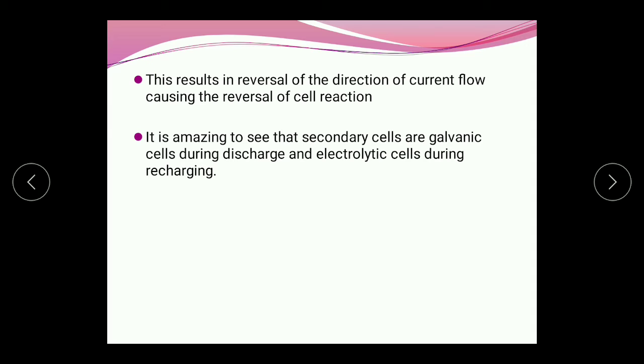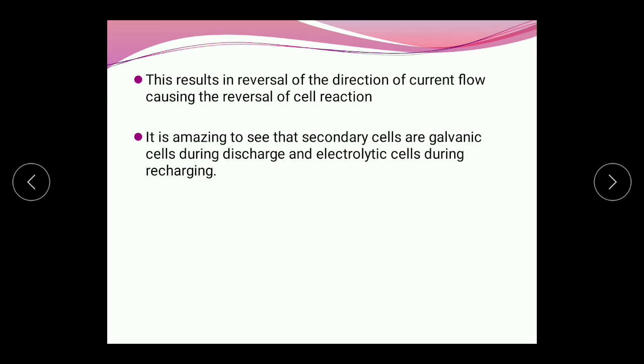But in electrolytic cells, electrical energy or electricity is used to carry out a chemical reaction. That means electrical energy is converted into chemical energy. Exactly opposite. But in secondary voltaic cells, during discharging, the cell is a galvanic cell, and during recharging, the cell becomes an electrolytic cell.